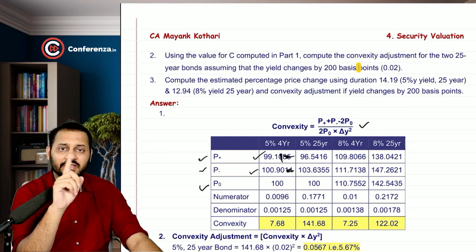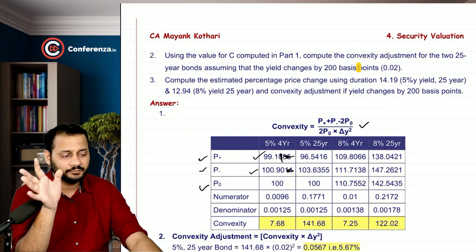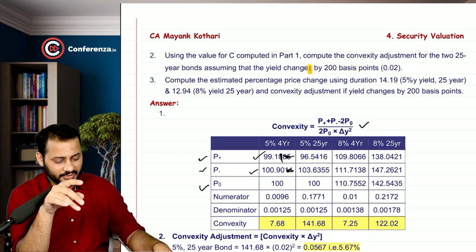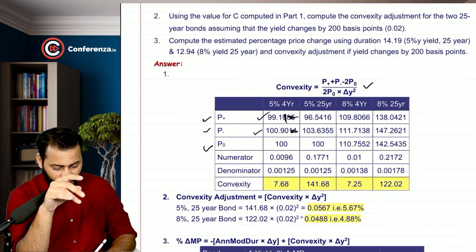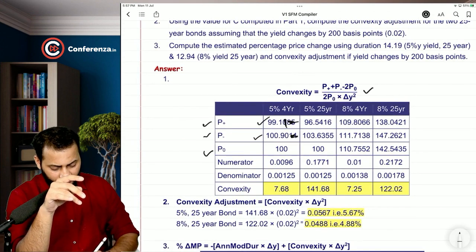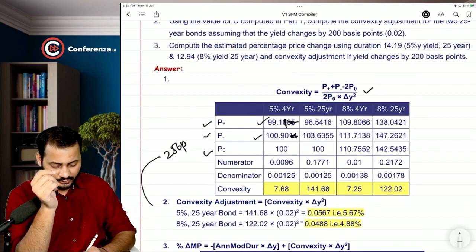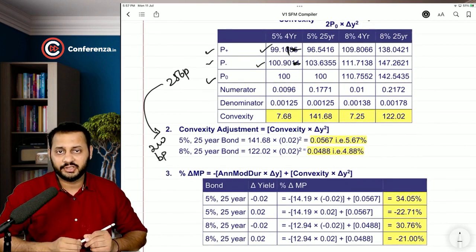Now there is something which can go wrong, because this convexity was calculated with a shock of 25 basis points, and then they are asking us to use this with a 200 basis point change.